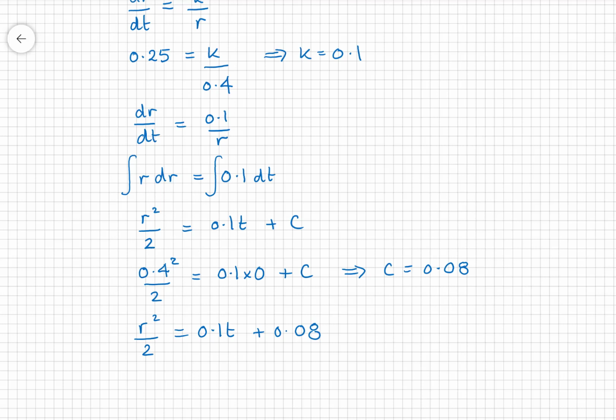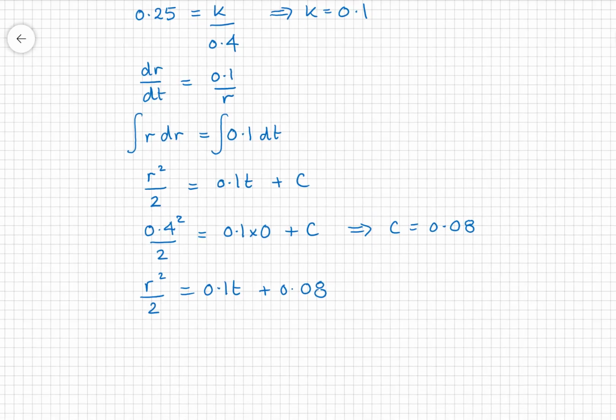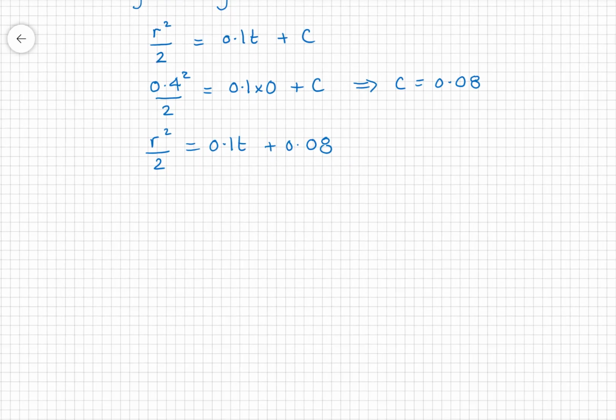But what we were asked to do was to find the area when t is equal to 2 seconds. And so we can now use our relationship here to find the radius when t is equal to 2, and then substitute that into our formula for area to find the area. So when t is equal to 2, r squared over 2 is equal to 0.1 times 2 plus 0.08.